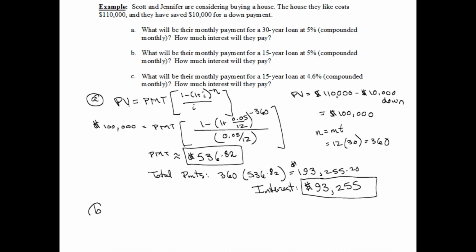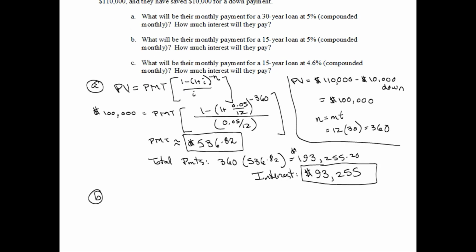Now let's suppose same interest rate, same compounding, but this time we're doing a 15-year loan. Okay, so here my PV, everything's the same, except in this one, my n is equal to mt, so that'll be 12 times 15, or 180, or in other words, only half of the 360 payments I had before.